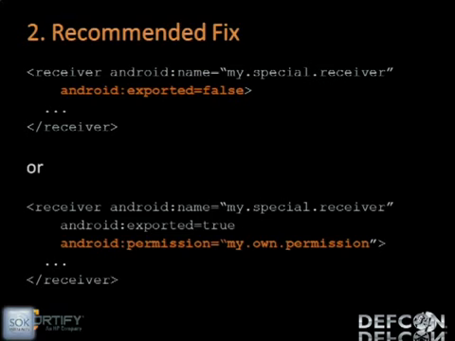If the component is supposed to be a public component, then consider limiting the interface by requiring that the sender has a permission. So in the second example, you can see that even though the exported flag is true, it also has a permission. So it's limiting the types of intents that can be sent to this component. In any case, make sure that public components aren't performing any sensitive operations.